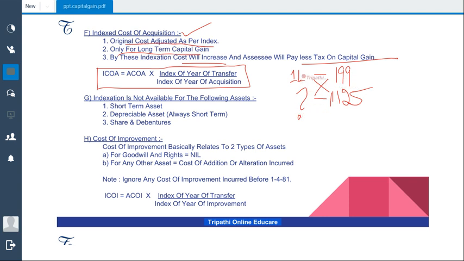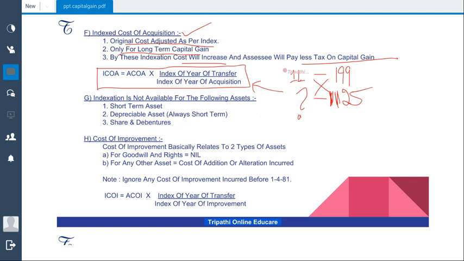The year in which we bought this property, the cost inflation index of that year was 199, and the cost of that property was 1 lakh. So according to that, now the cost inflation index is 1125. So in such a situation, what will be our index cost of acquisition? This is how the formula is created.